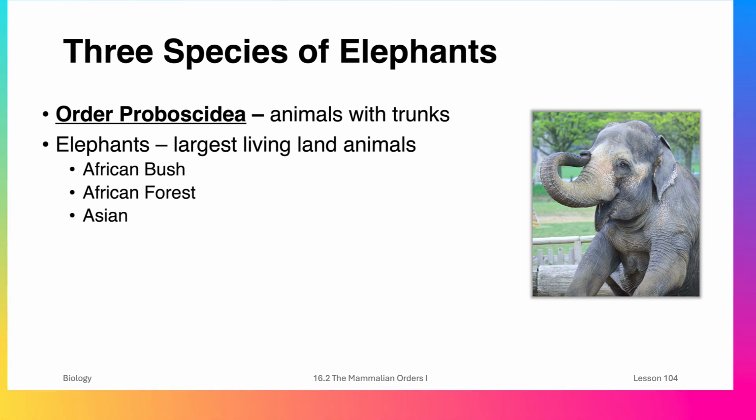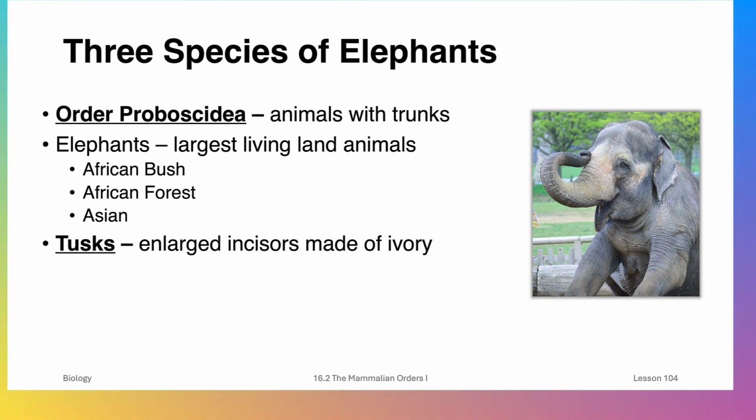There are several types. There are the African bush elephants, which live in the plain areas, the savanna areas of Africa. There are the African forest elephants, and then there are the Asian elephants. Elephants are also distinguished by the fact that they have tusks, and these tusks are large, enlarged incisors. And these incisors are important because they're made of ivory.